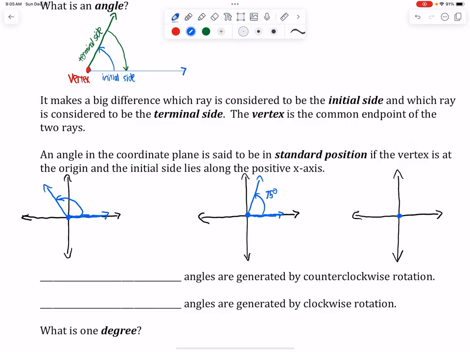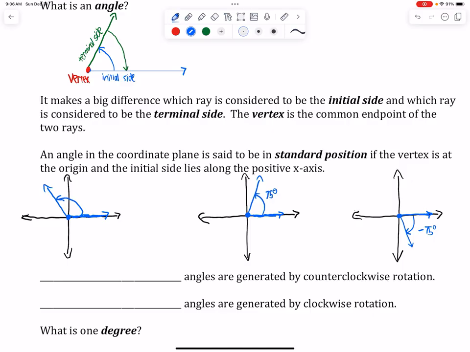Well, now suppose instead of rotating in that counterclockwise direction, we had started again in standard position on the positive x-axis, and we had rotated the same amount, but in the opposite direction, the clockwise direction. Then we would end up with a negative 75 degree angle measurement.